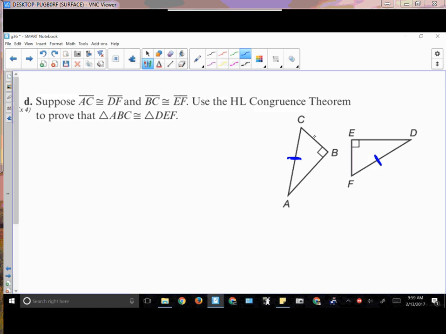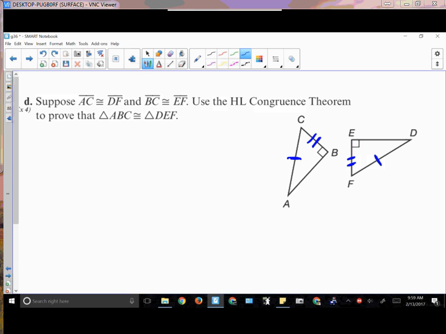We've got BC congruent to EF. Now, if I take these in order, I get side-side angle. Side-side angle, or if we go in the reverse direction, we get the thing we're not supposed to have. So whenever you run across that situation, side-side angle, it's not something we can use.